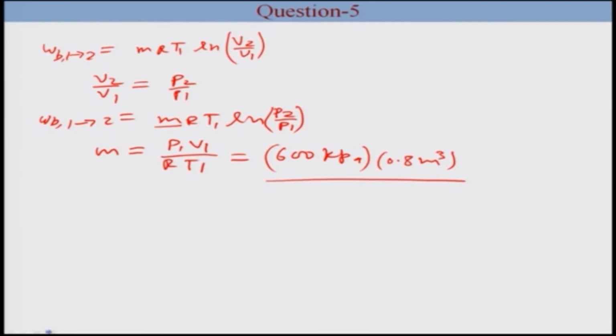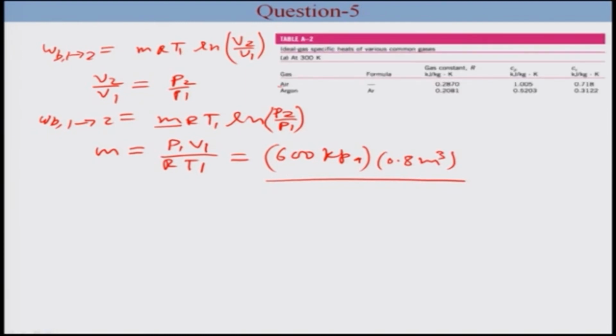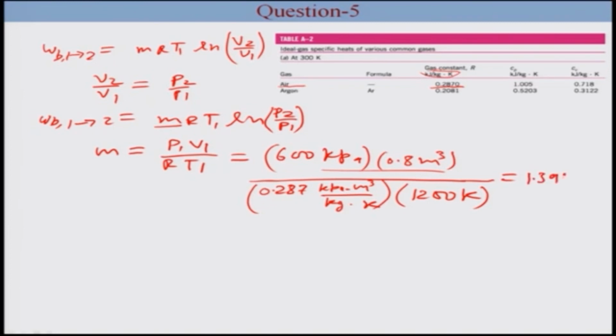The value of R for air can be taken from the ideal gas table, which is 0.287 kilopascal meter cube per kg Kelvin, times temperature, which is 1200 Kelvin, since initially air is at 927 degrees centigrade. So this gives 1.394 kilogram.